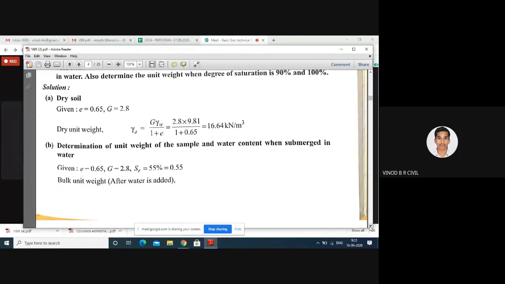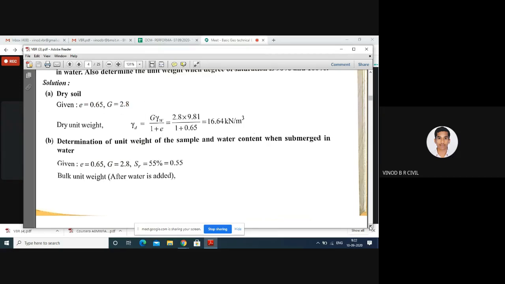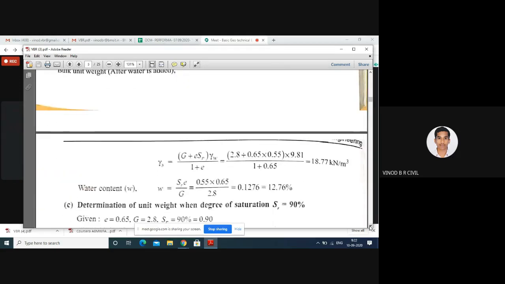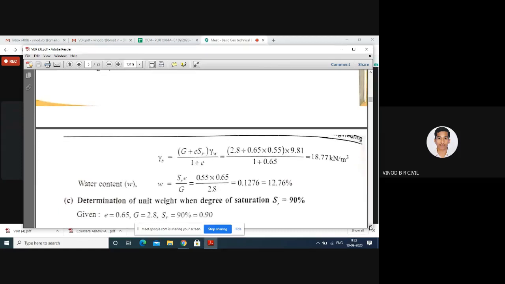Determine the next one, the second condition, the garden soil with 55% saturation. Here also the condition is the same: e is 0.65, G is 2.8, and Sr is 55. After adding the water, bulk unit weight gamma B is equal to (G plus e Sr) into gamma W divided by 1 plus e.